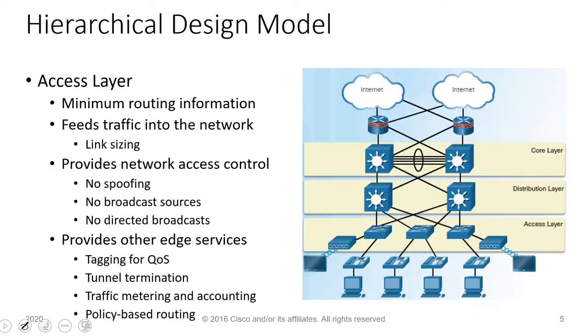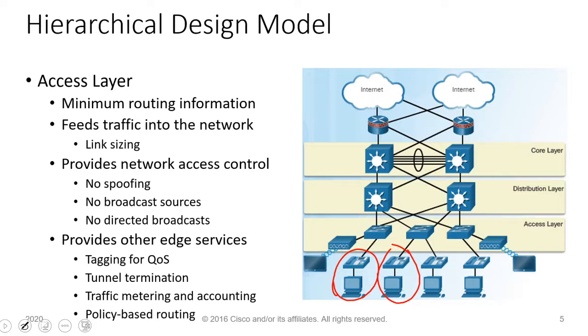So when we think about the access layer, the main purpose of the access layer is about connecting the end nodes to the main network. So that provides the last point of connection to the end nodes. So the computers and the devices that are there.